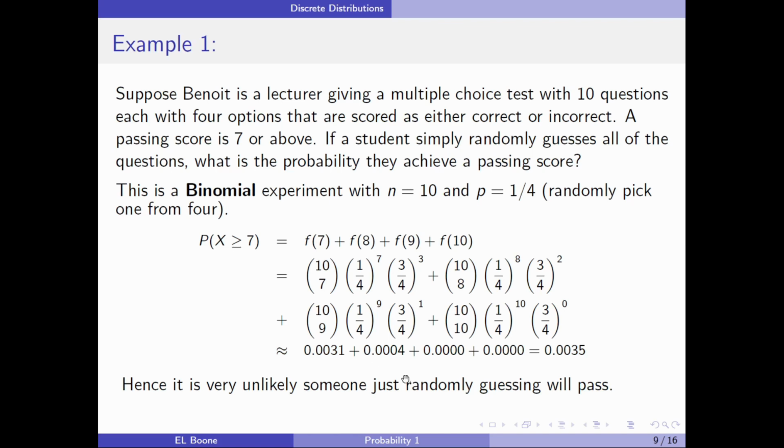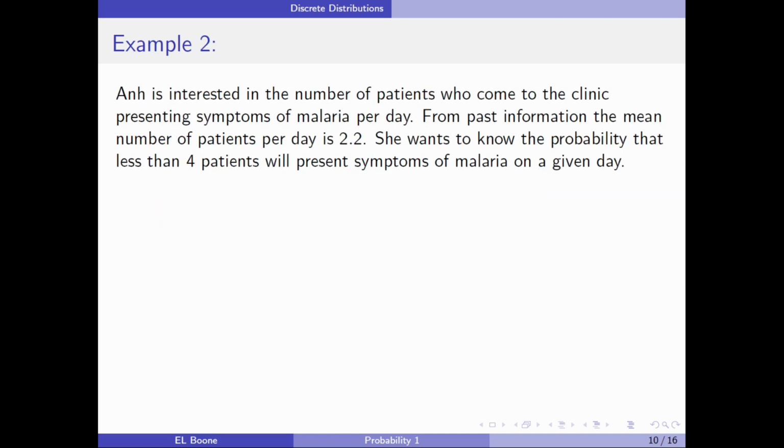Notice that some of these, as we calculate them down, become very, very tiny numbers. And if we come up at the end, we've got 0.0035. This is the probability that somebody would pass just by randomly guessing from the 4 options. So it's about 0.3%, or 0.0035. So it's kind of unlikely.